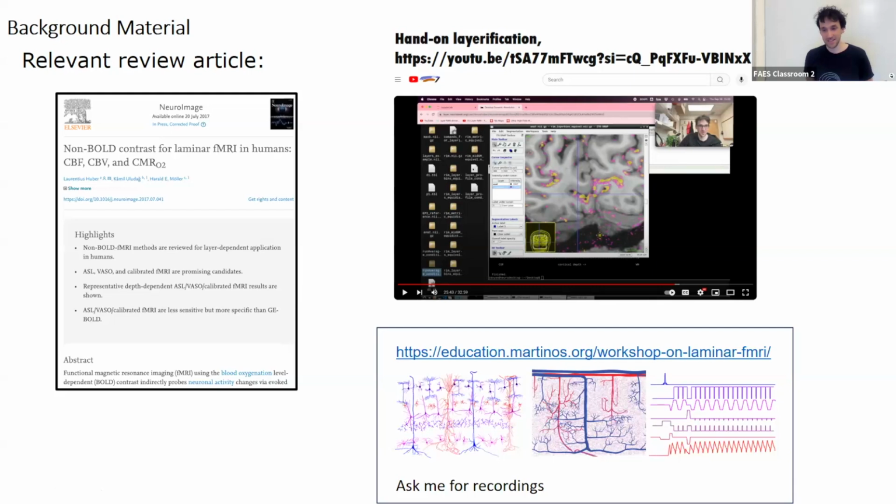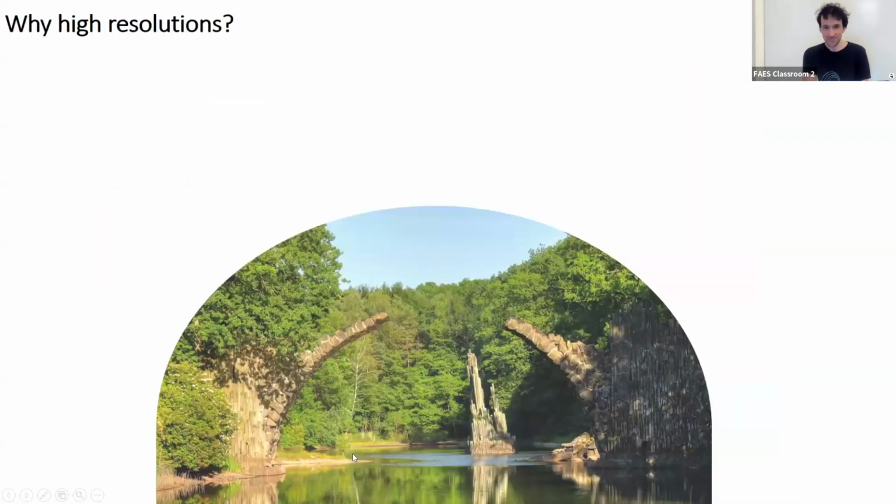I think the most comprehensive material is this 4-day educational workshop from last fall, which is not only talking about contrasts and analysis and processing, but also potential applications and the biophysical underlying processes that we think about when we do layer-dependent fMRI. If you want to have the recordings, let me know.